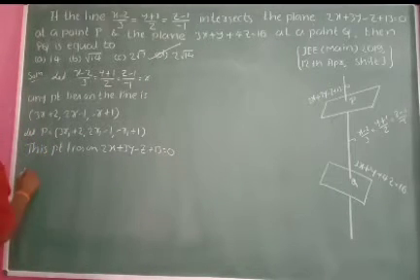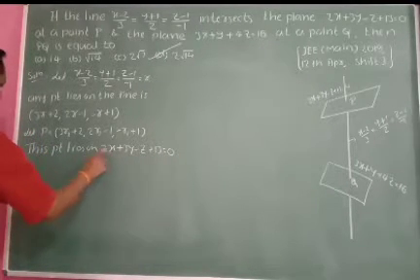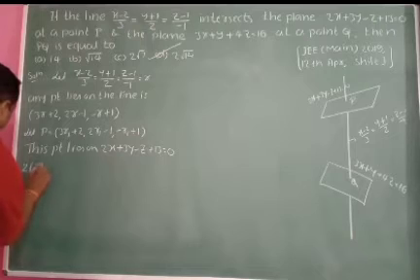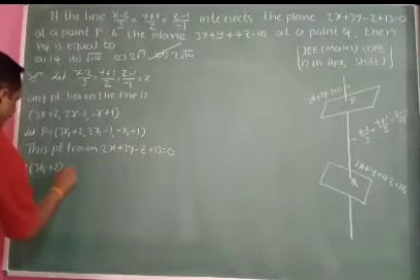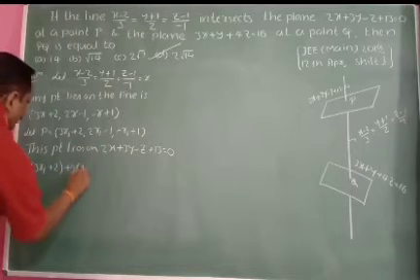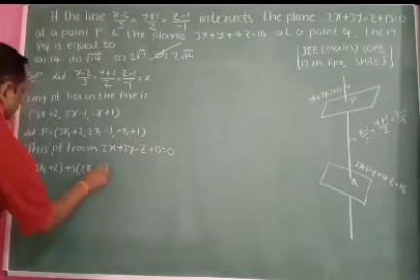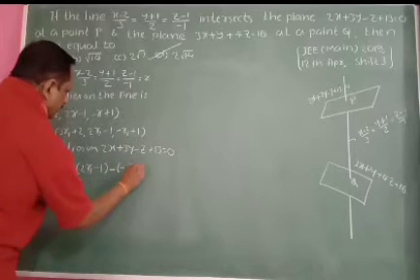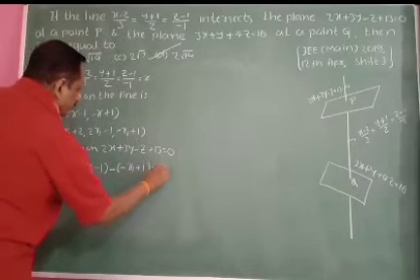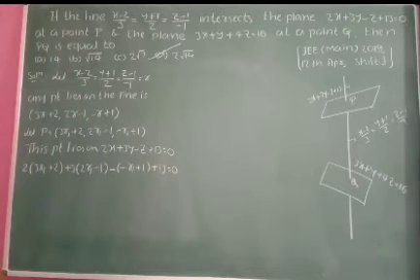So 2 into (3r1 plus 2), plus 3 into (2r1 minus 1), minus (minus r1 plus 1), plus 13 equal to 0.